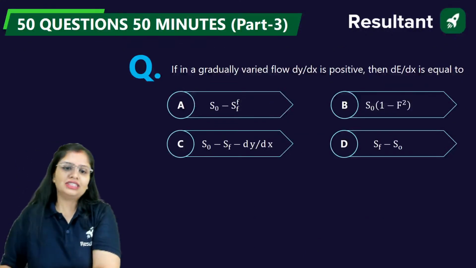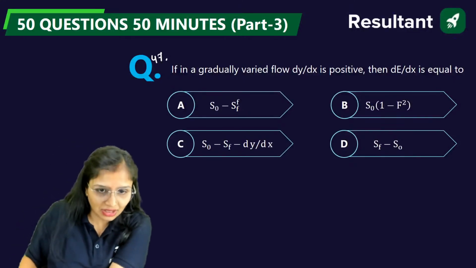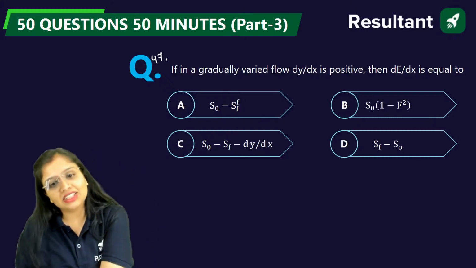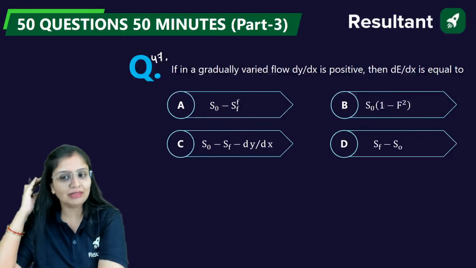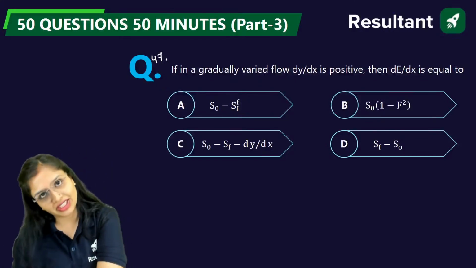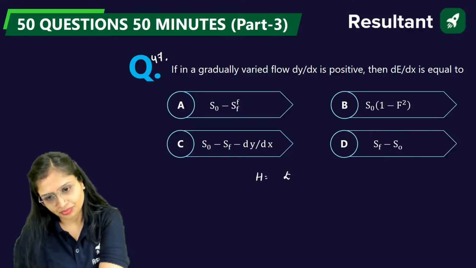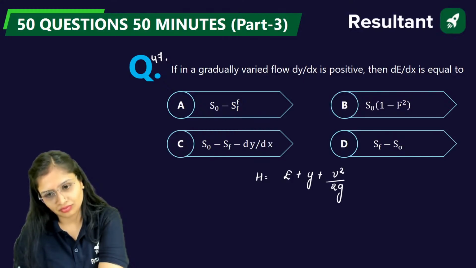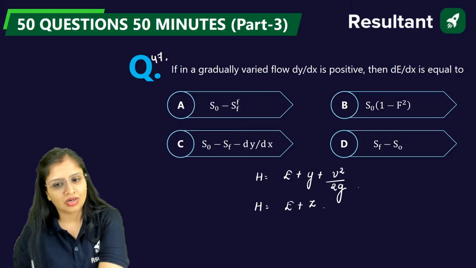Okay. 47. I used to teach you this in theory, so remember this. In a gradually varied flow, when the flow parameters are changing gradually over the length of the sections, dE by dx is the change in specific energy with respect to distance. This is equal to z plus y plus v square by 2g.